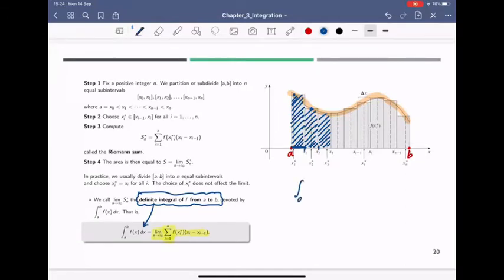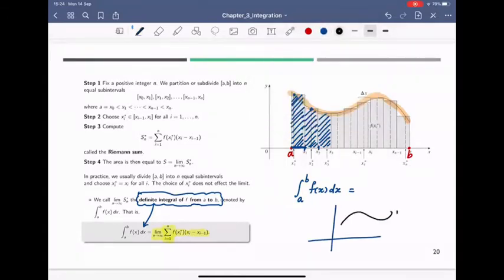So integrate from a to b f of x dx. If you want to find the definite integral from a to b of f of x dx, this is what people would do 200 years ago. We just draw the graph of f.